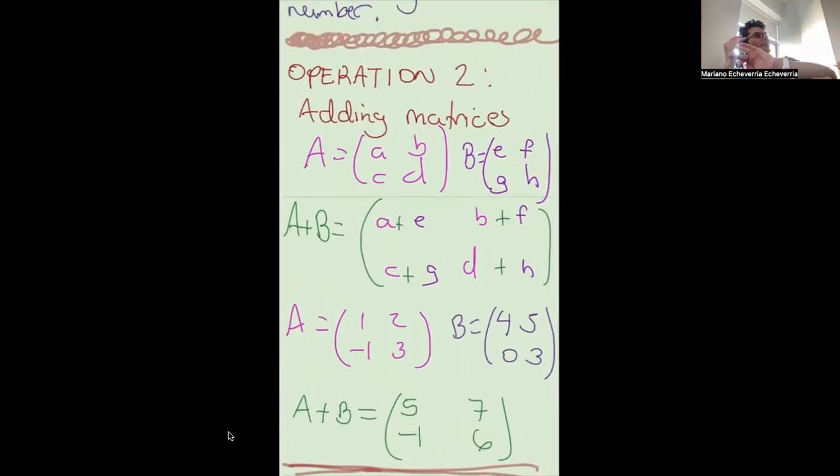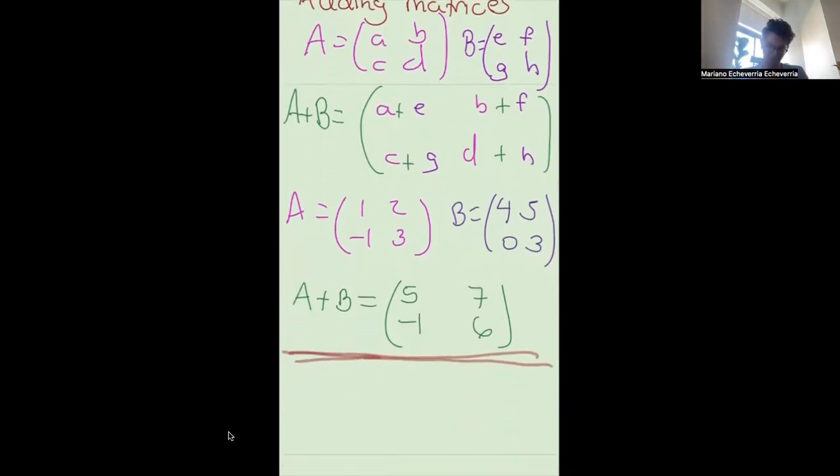Okay, so adding matrices and multiplying matrices by a number, that's relatively easy. Now, the one that is significantly more complicated is what we could call concatenation of matrices, also called matrix multiplication.